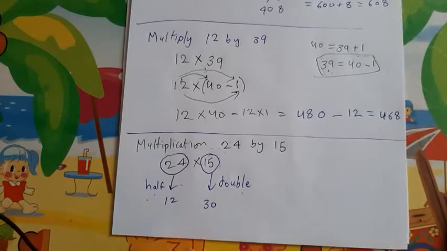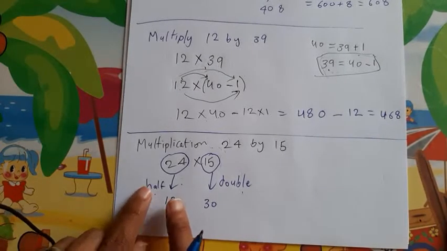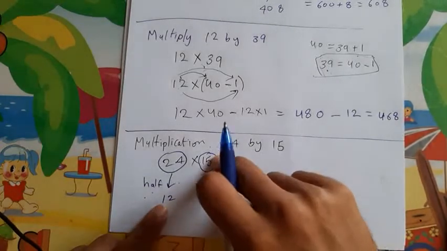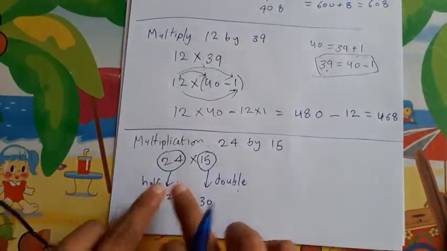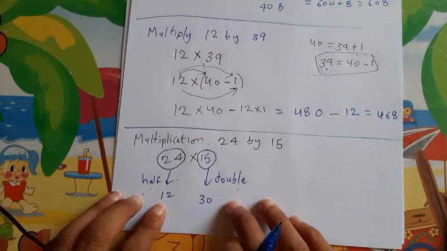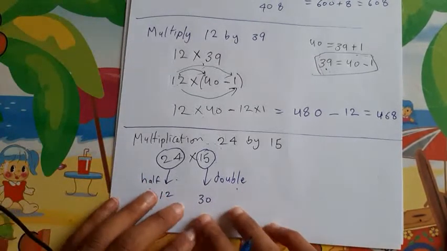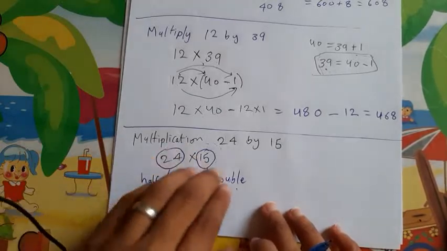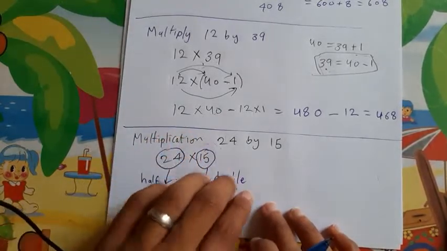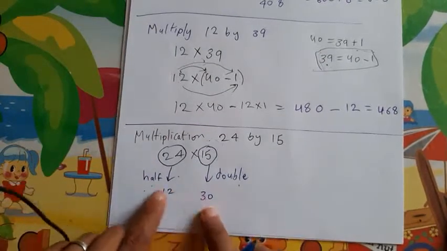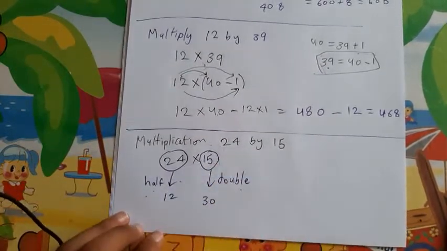So I did halving for the 24 and I did the double for the 15. So half will cancel the double. This means that I didn't do any changes to my problem, so this is not going to affect the final answer.